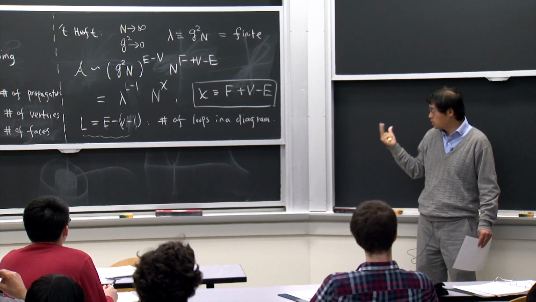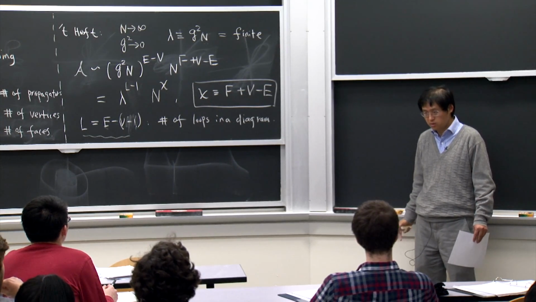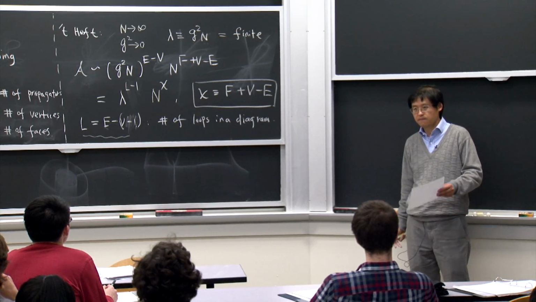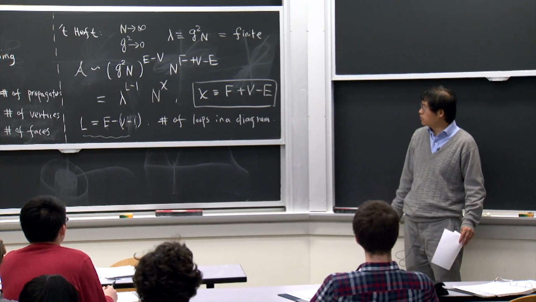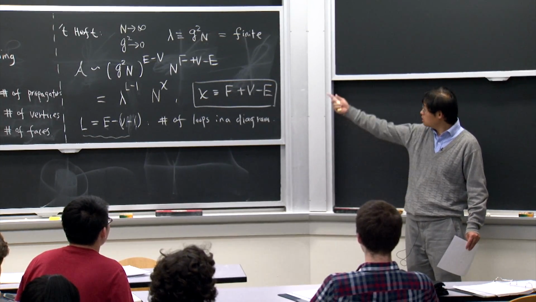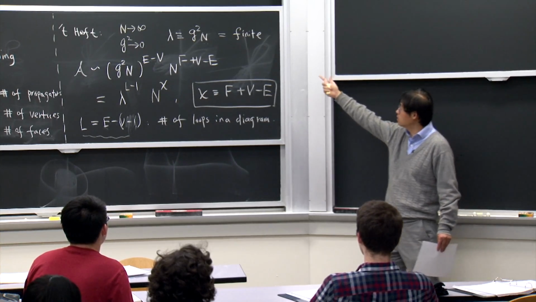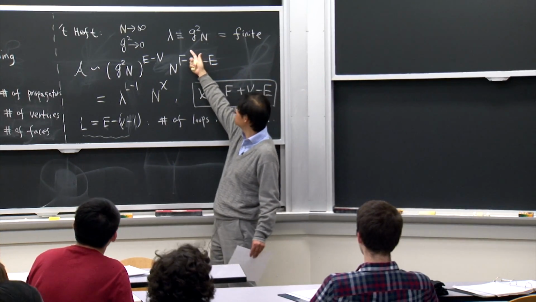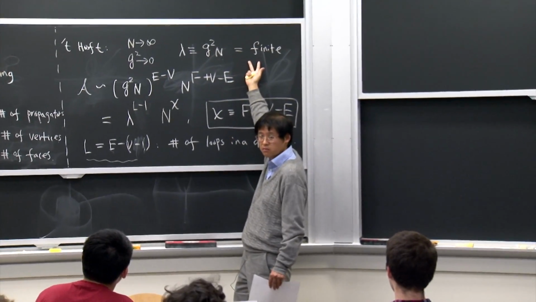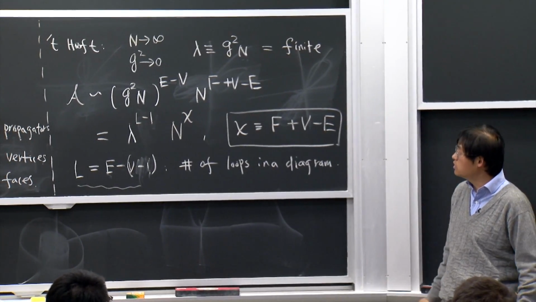Then you can ask whether this particular expansion scheme is a good approximation or not. That's a separate question. And for QCD, it's pretty good. It's not that bad. For QCD, g squared n is finite, but it's like 10. Here it does not tell you lambda has to be small. Lambda can be very big here. It just tells you that lambda in this limit has to be finite. Lambda can be 10 billion. And actually, in the future, we will take lambda to infinity.